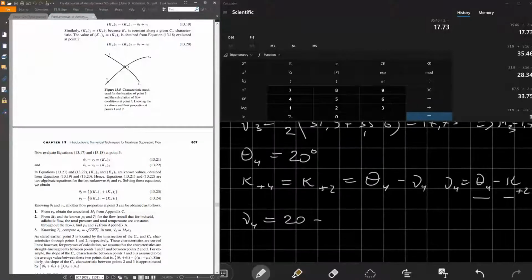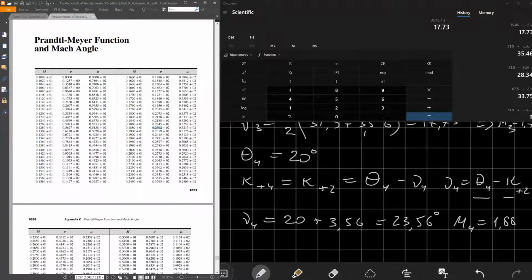So it will be basically plus 35.6, 2356. Let's see in the appendix. So it's 1.9. 1.9. This is the calculation of Mach number on the wall.